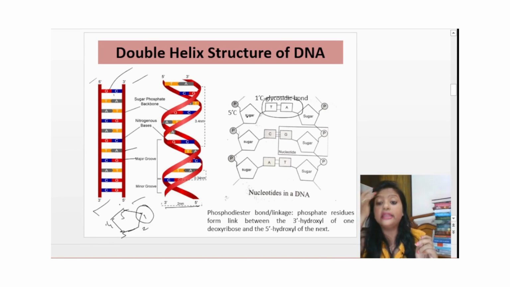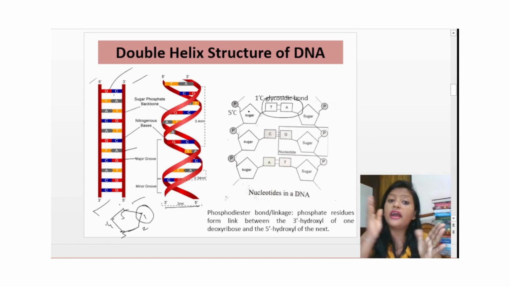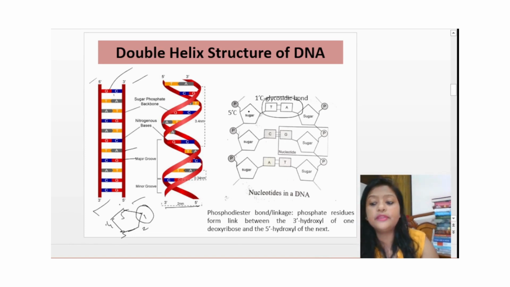Now we'll talk about the link or the bond that is formed out here, known as phosphodiester bond. What is phosphodiester bond? You can see a phosphate group. When it forms a link between the 3-hydroxyl group of deoxyribose, and deoxyribose is a sugar, with the 5-hydroxyl group of the next one, then it is known as phosphodiester bond.